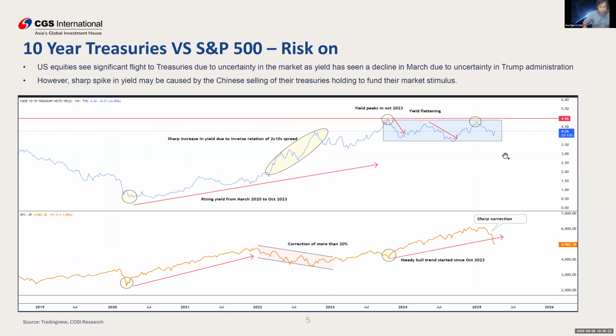You can see there's a sharp increase yesterday. The reason being that there's speculation that the Chinese actually have sold a significant portion of their Treasuries, causing a reaction on that. But the market still corrected itself. So with this, I think the market may continue to go down.